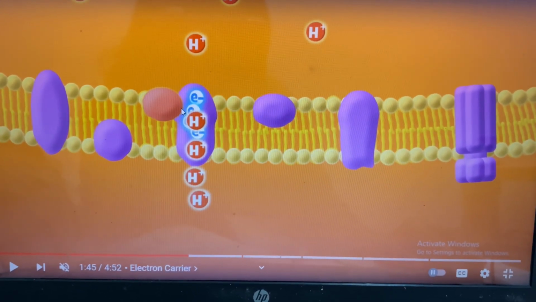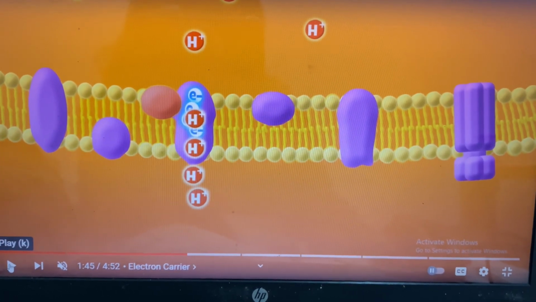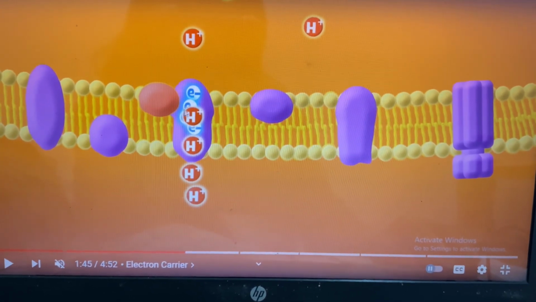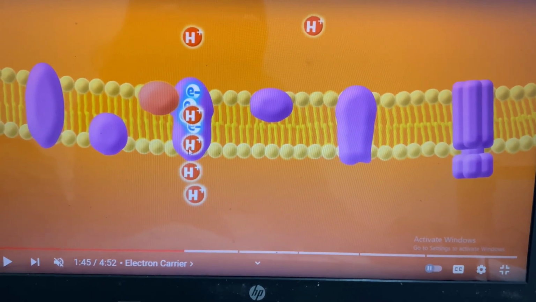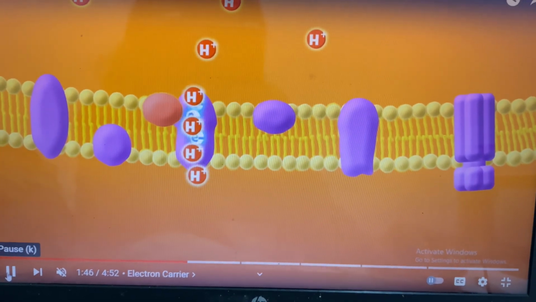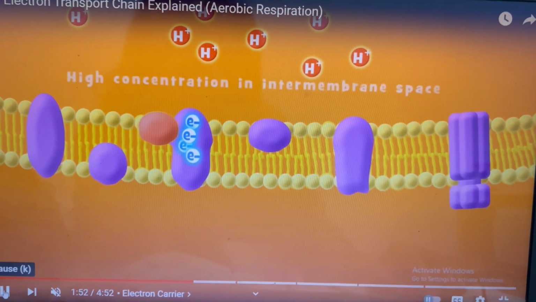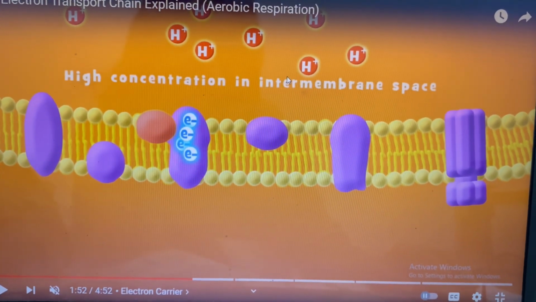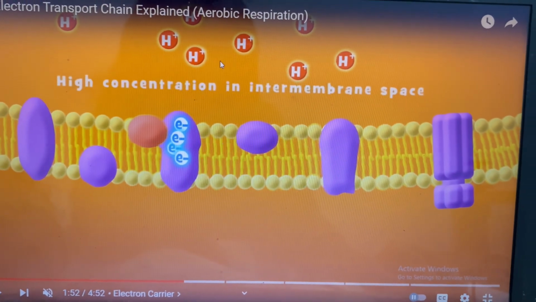And as complex 3 gets the electrons, in a similar fashion, they get energized and use this energy to pump protons from the mitochondrial matrix to the intermembrane space. Now you can clearly see the protons accumulating in the intermembrane space, right?